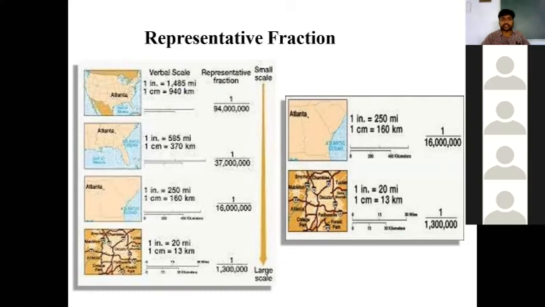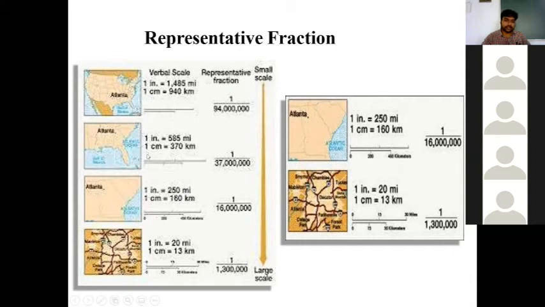So the representative fraction will be 1 divided by 940 lakhs. If you equate this, you will get a very minute value. So that is what shows a small scale.